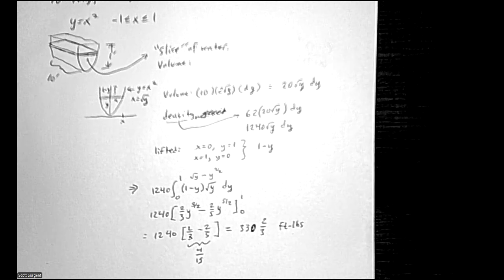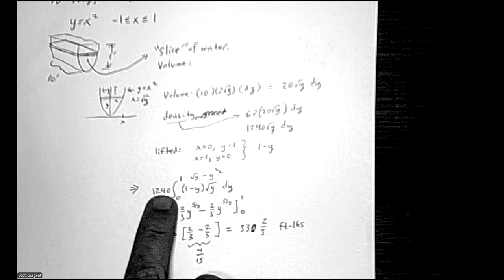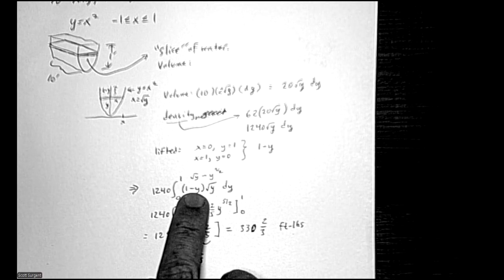Do you have any acronyms to help us memorize the work formula? Work is just force times distance. That's all it is. If you look carefully at this whole monstrosity, your distance is the 1 minus y.